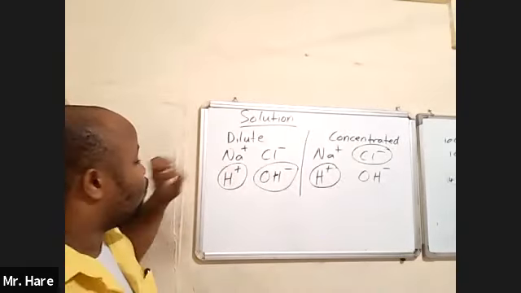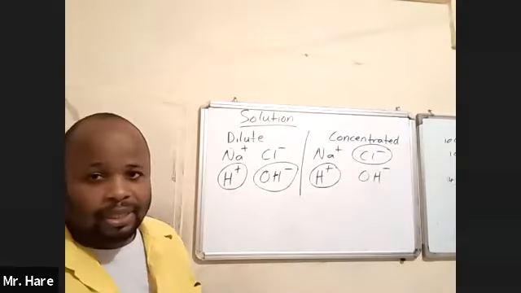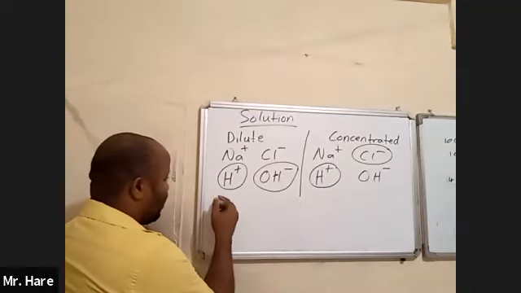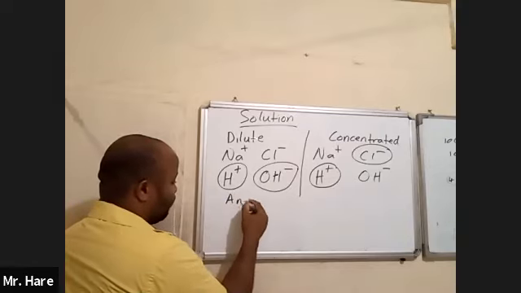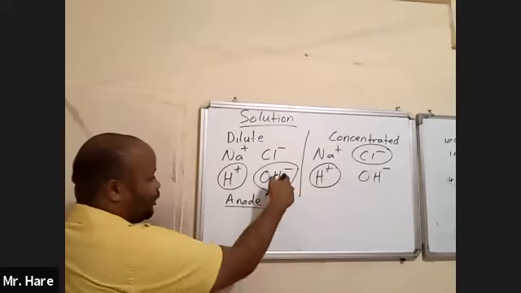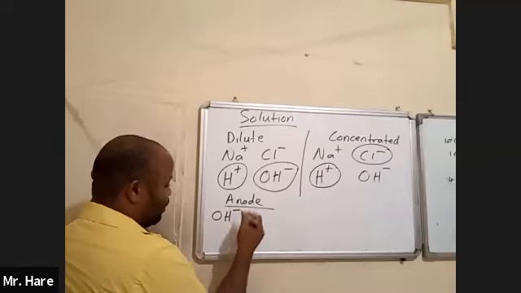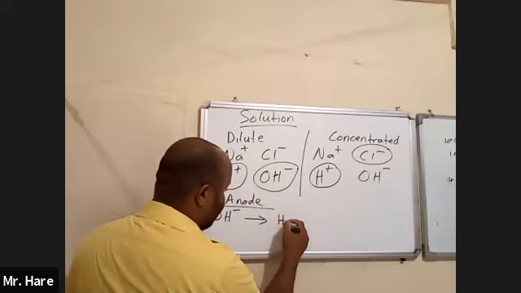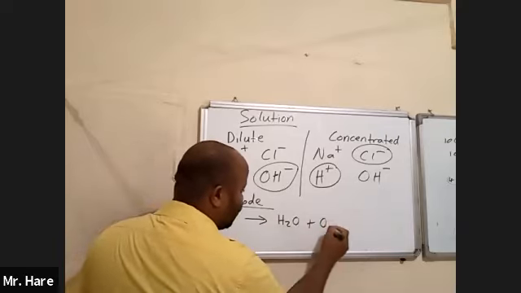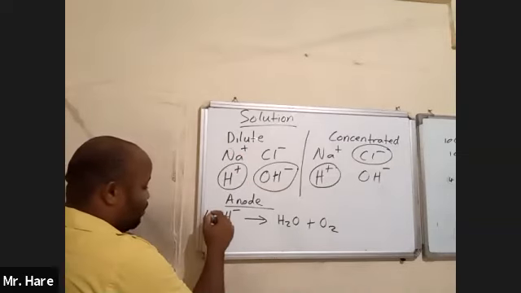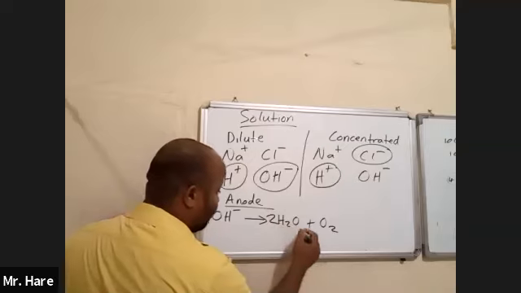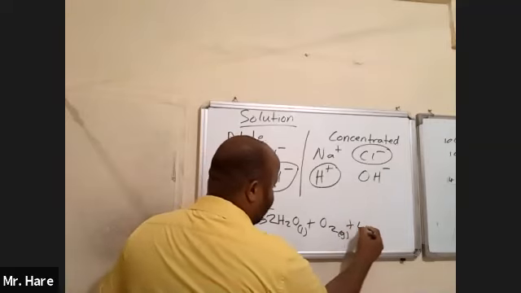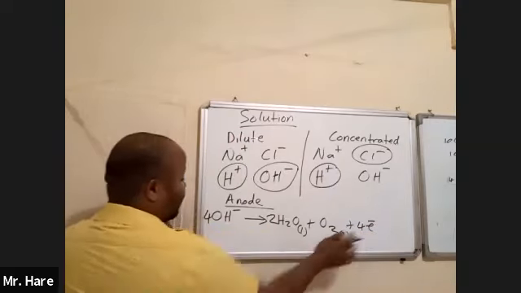So if we were doing the electrolysis of dilute sodium chloride, at the anode it's the hydroxide ion that will be taking part. When the hydroxide ion takes part, you will get water and oxygen. I'm just going to balance this equation. Water, oxygen gas, and a total of 4 electrons.